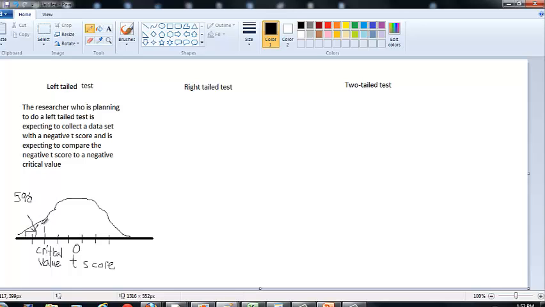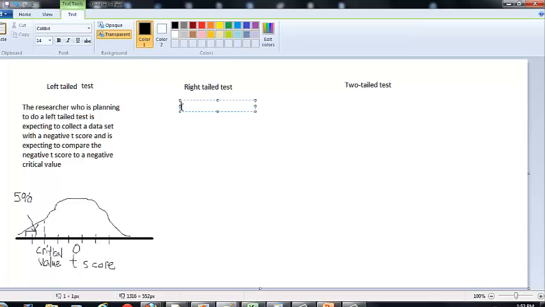So the rejection region of a left-tailed test is at the left end of the curve. It's this 5% piece right here. And in a left-tailed test, a researcher isn't planning to use a positive critical value because they're expecting to get a negative t-score, and a negative t-score has to be compared to a negative critical value.